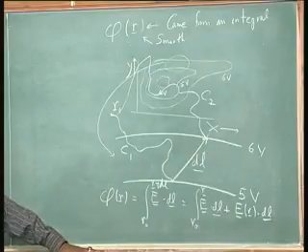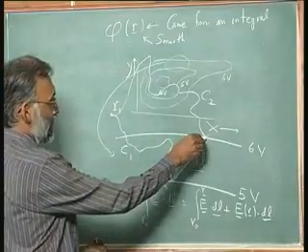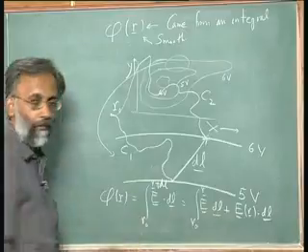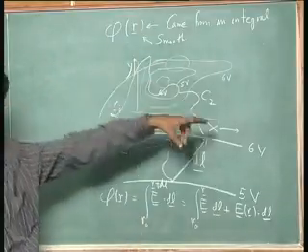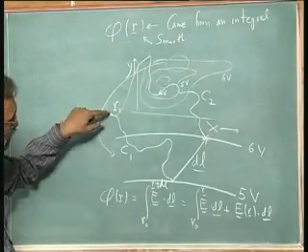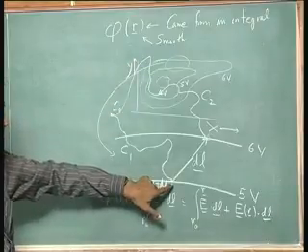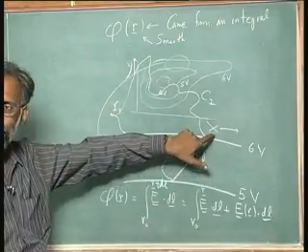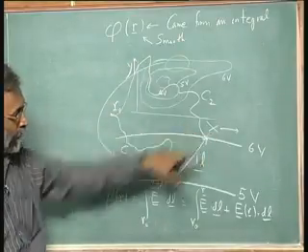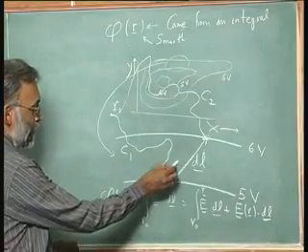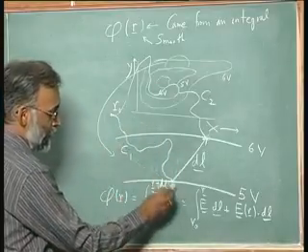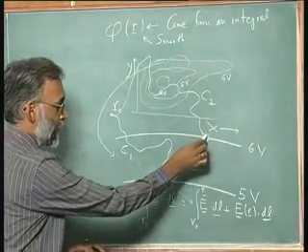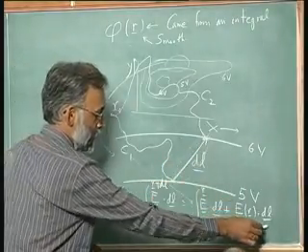What have I done? I can calculate this potential any way I like. I can go on any curve I like, but I chose to go to that curve which touches r before it goes to r plus dr. This part of the curve is this, and this additional part is this.